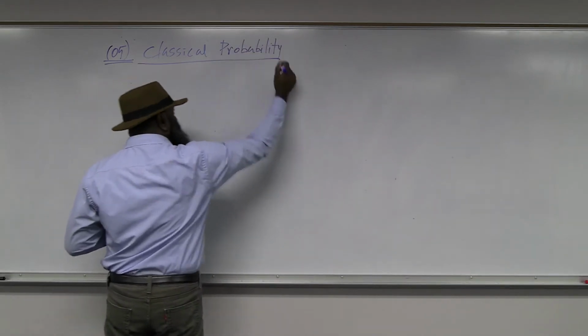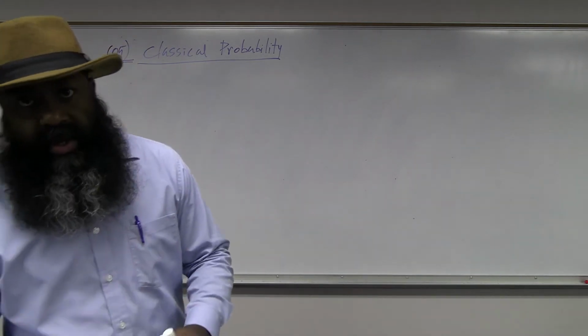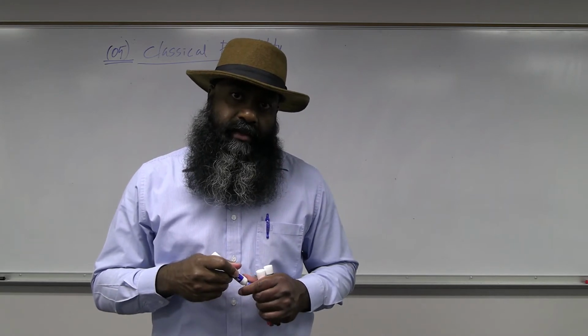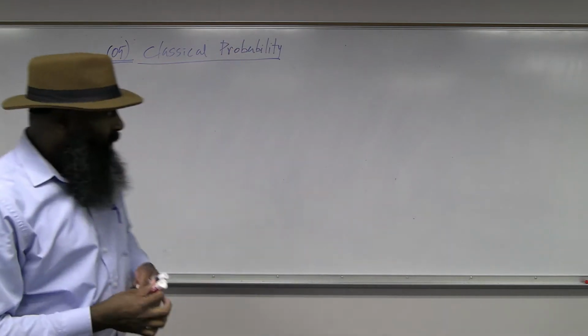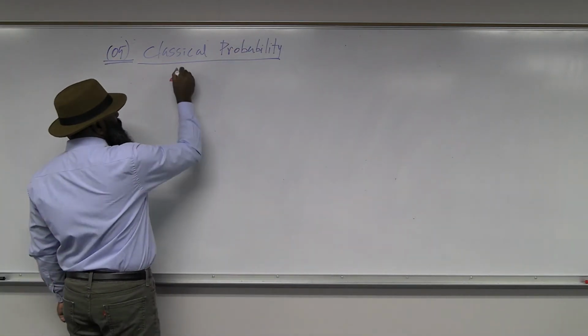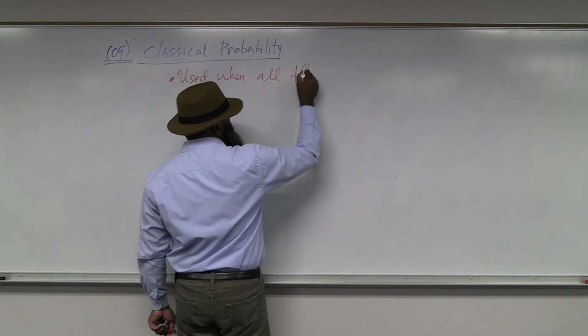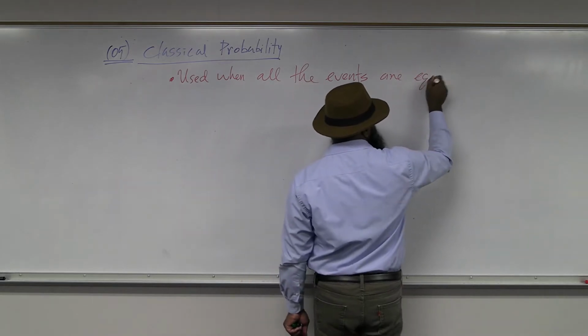We use the classical probability when all the outcomes of an experiment are equally likely. That means we use the uniform distribution. Okay? So I will write it down. Used when all the events are equally likely.